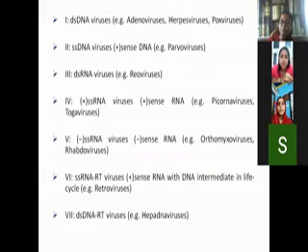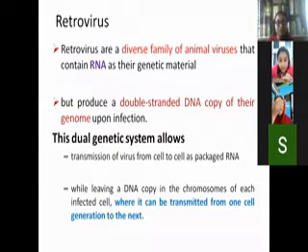Group 5 includes negative sense single-stranded RNA virus. Group 6 includes single-stranded RNA virus with a reverse transcriptase enzyme. And group 7 includes double-stranded DNA virus with a reverse transcriptase enzyme. So this is one classification, and we are focusing on retrovirus.